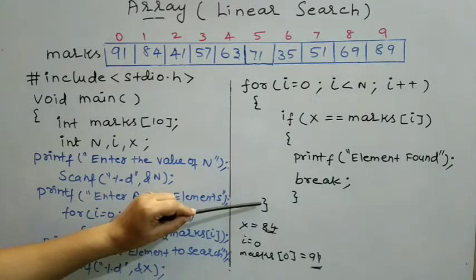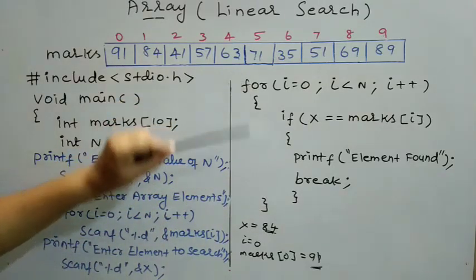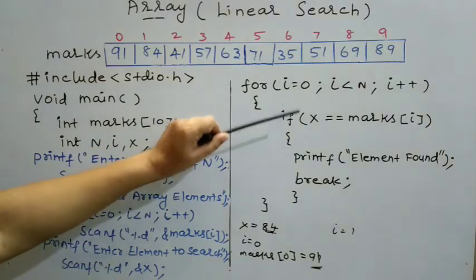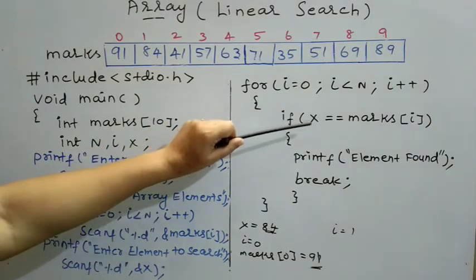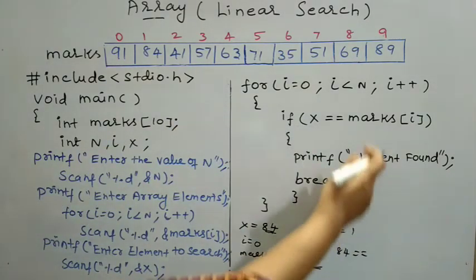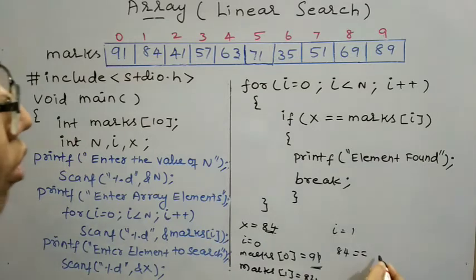Once it finds this curly brace, it jumps back to the for loop, and now i becomes 1. So I am getting into this if statement. Now x, which is 84, is equal to marks of 1, which is 84.